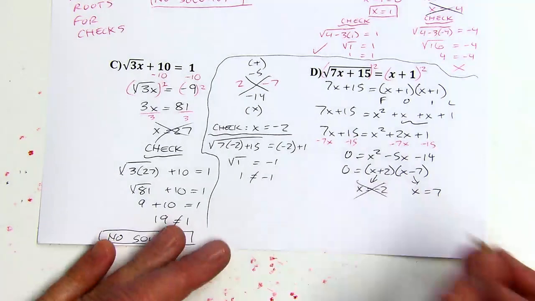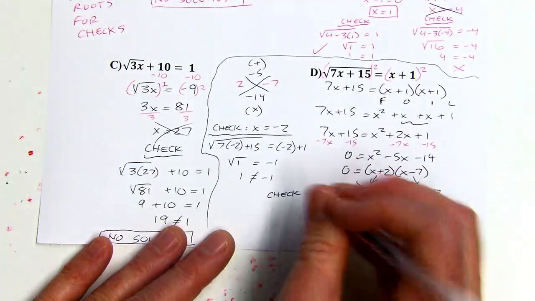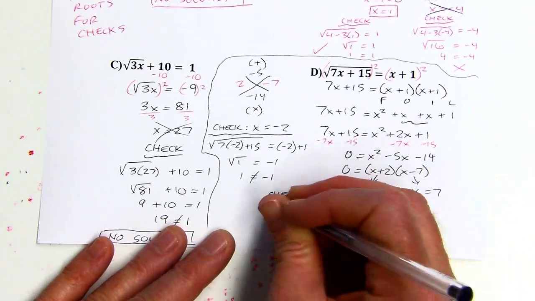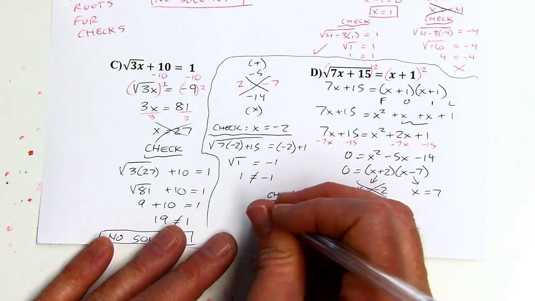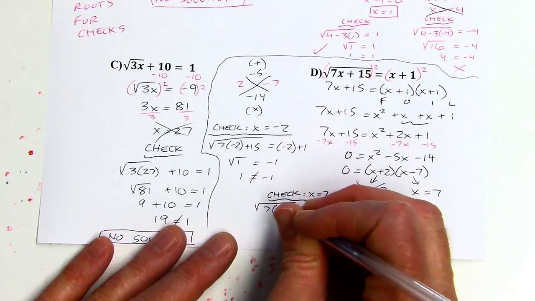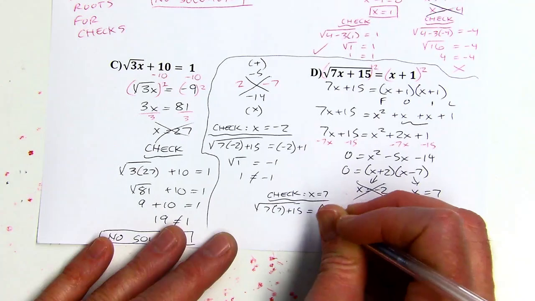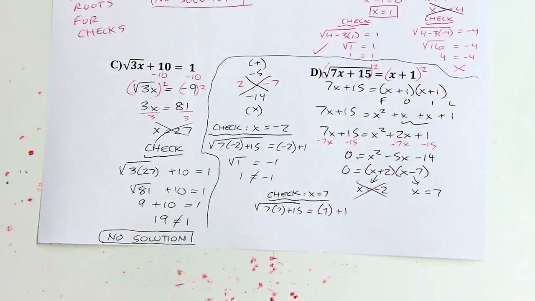Okay, so let's check x equals 7. Okay, plugging 7 in on both sides.